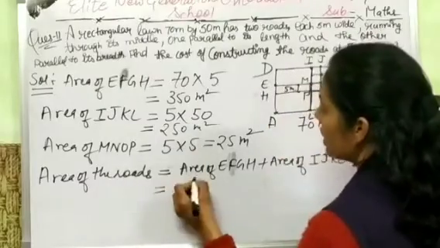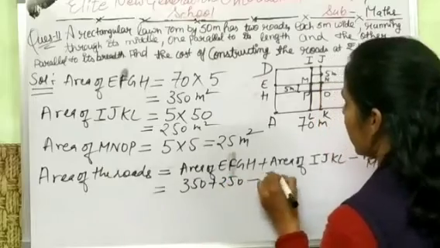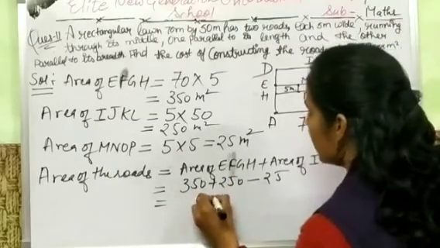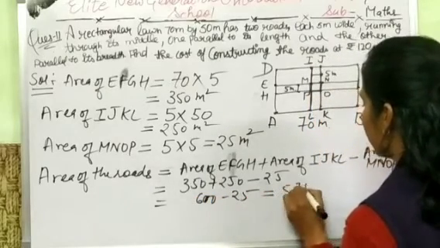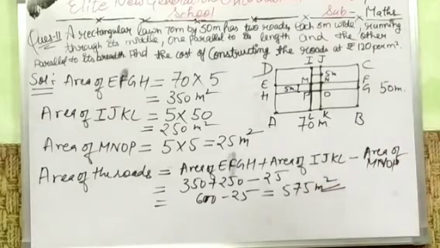So now put 350 plus 250 minus 25. Here we'll get 600 minus 25, which means we'll get 575 meter square. This is the area of the road.